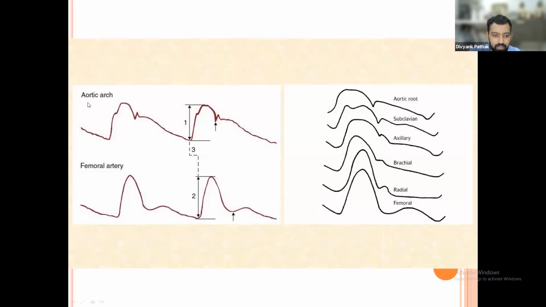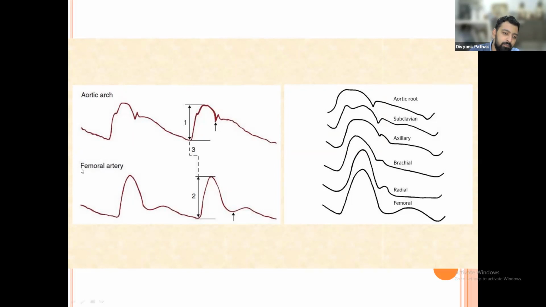So this is the aortic arch, the closest to the heart. That is why the dicrotic notch is very clear, because most of the backflow at the time of aortic valve closure is seen here. This is the dicrotic notch, which is very prominent, with a slight slowing, and it comes earlier.